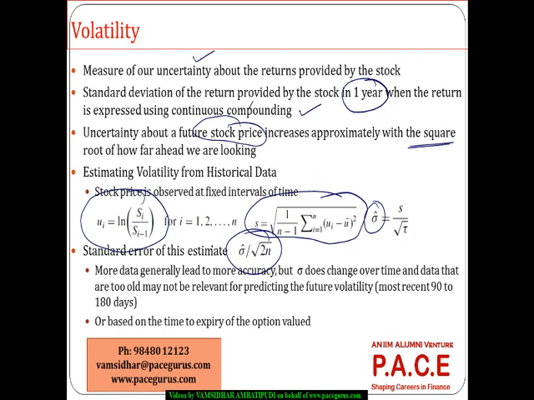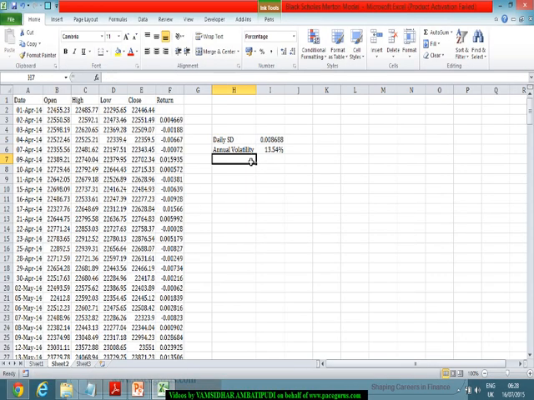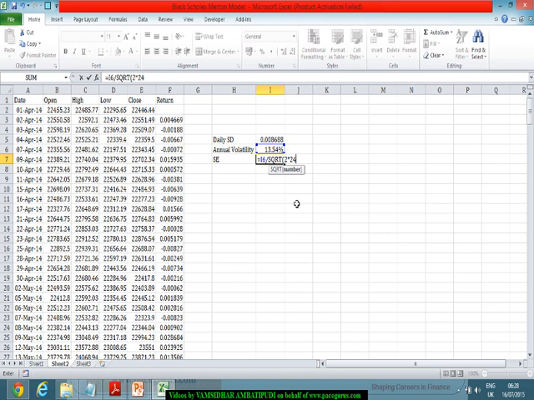On top of that, I have a standard error of this estimate, which I get by dividing the standard deviation by the square root of 2n. So the standard error of the estimate is the standard deviation divided by the square root of 2 into 243.